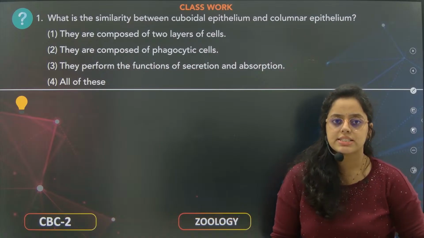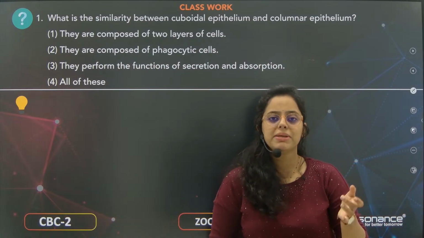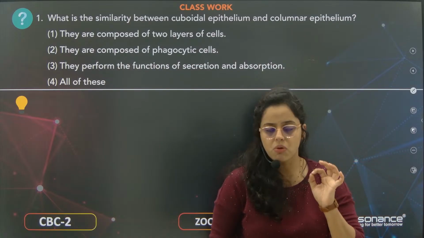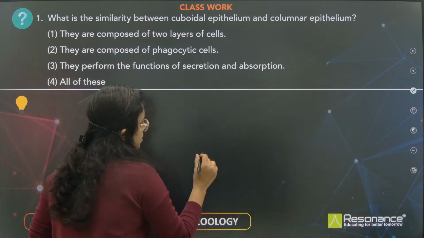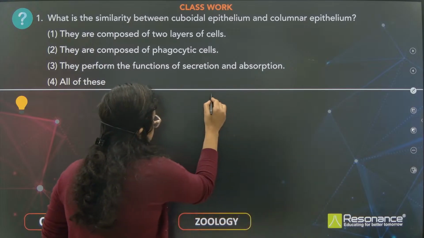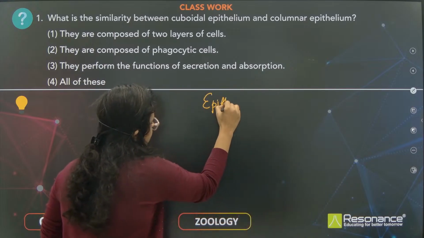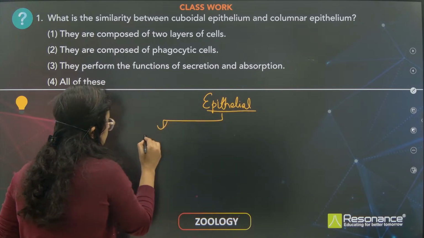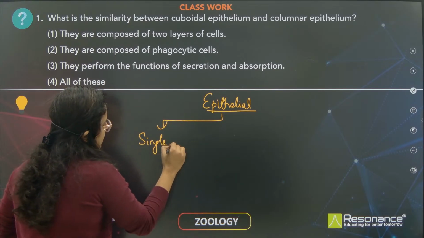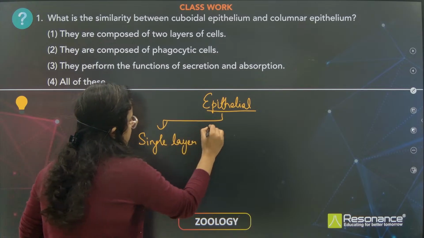What is the similarity between cuboidal epithelium and columnar epithelium? Note that the classification of epithelium is based on the number of cell layers. If only a single layer of cells is present, then it is called simple epithelium.